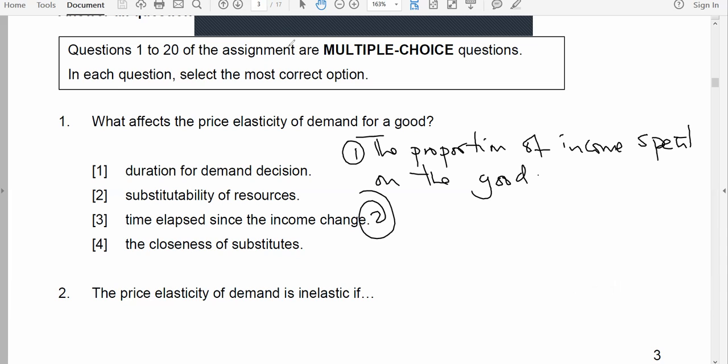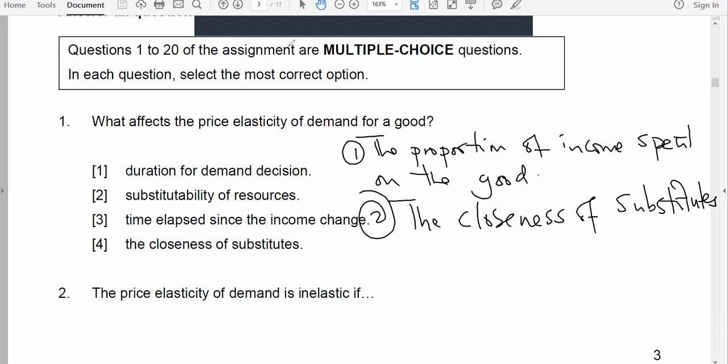But the second thing which also affects the price elasticity of demand is the closeness of substitutes and or complementarity.